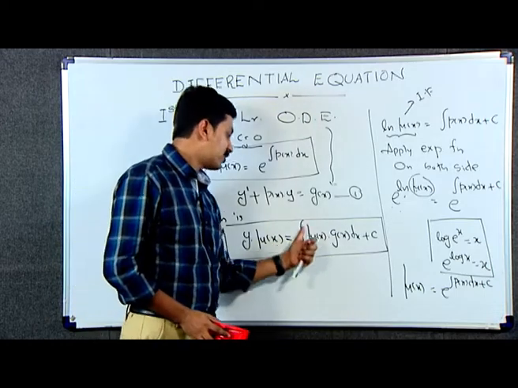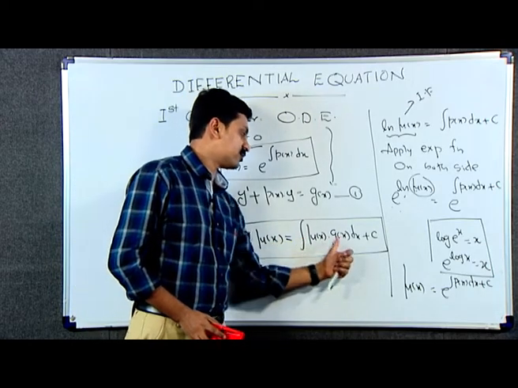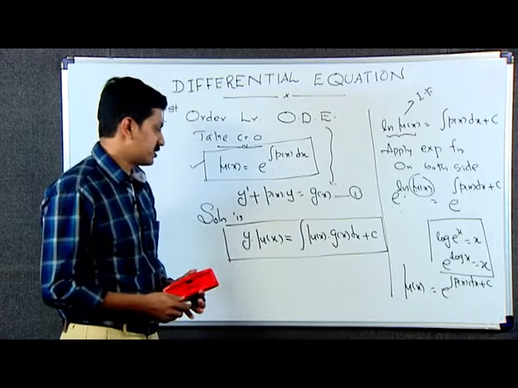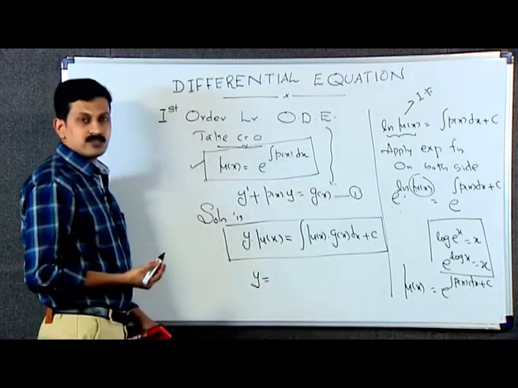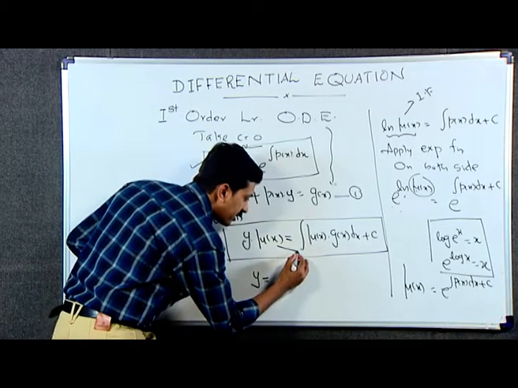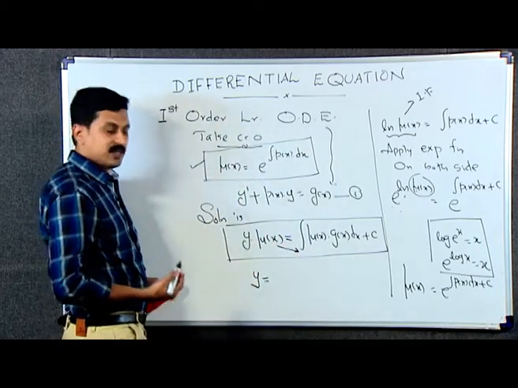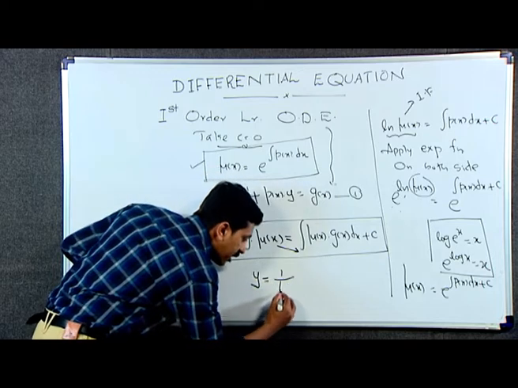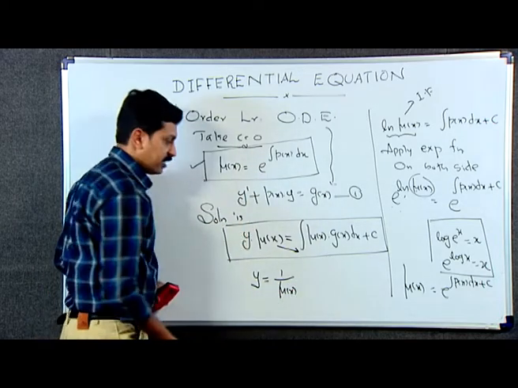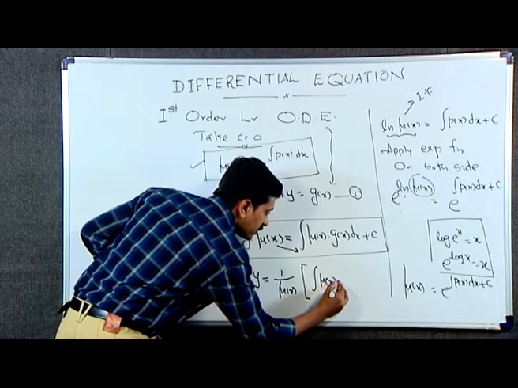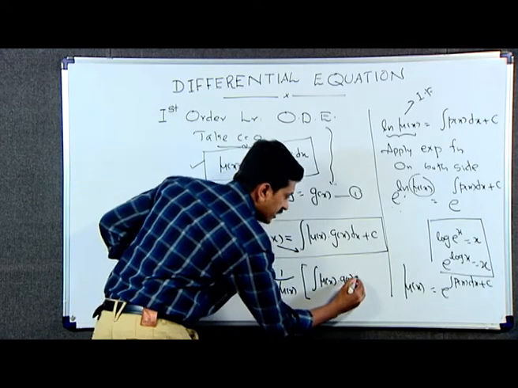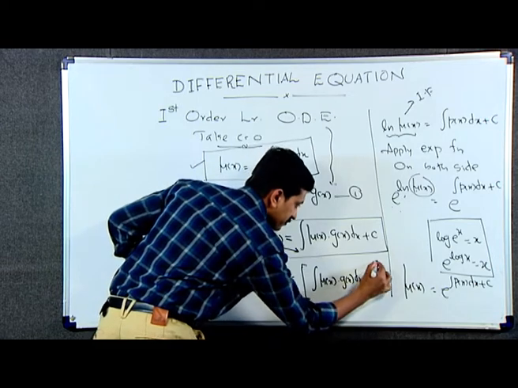This is equal to integral of mu of x into g of x dx plus c. So our solution is y equal to 1 by mu of x into integral of mu of x into g of x dx plus c.